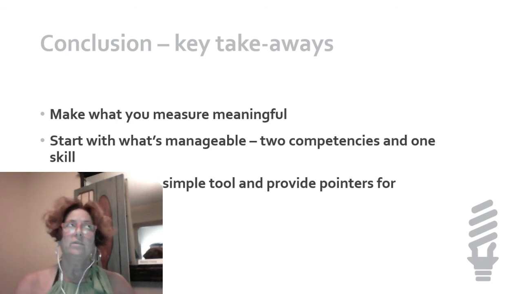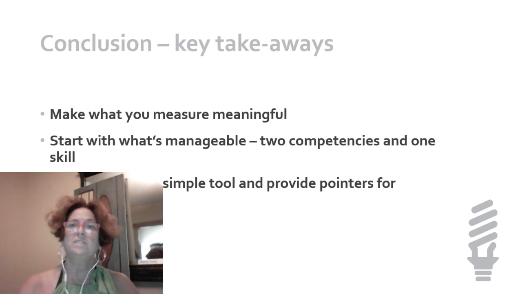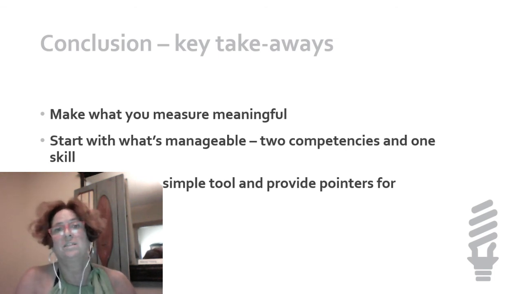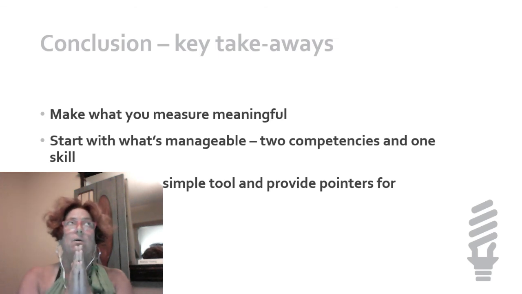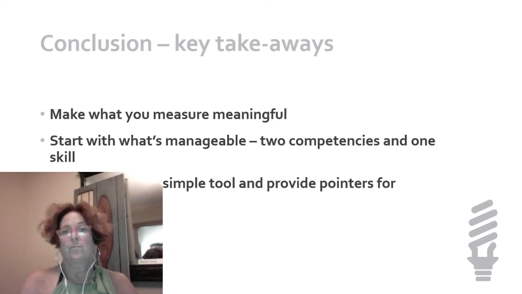And I would suggest that we just make sure that what we're measuring is meaningful and doable, and that we start with what's manageable. And so we started with these two competencies and one skill that we made sure were aligned with the programming.